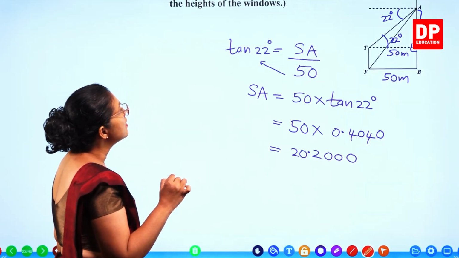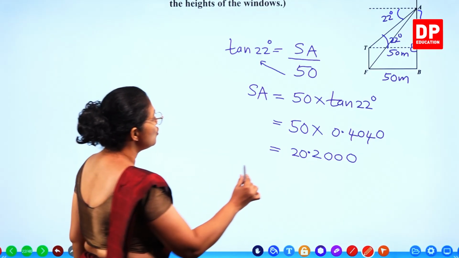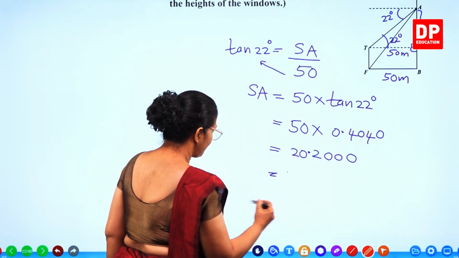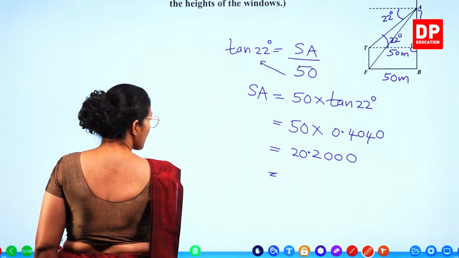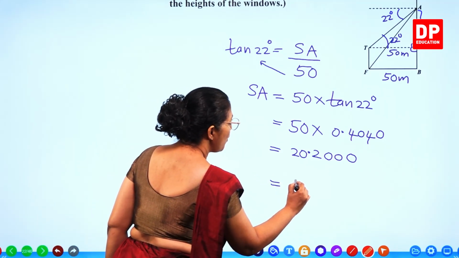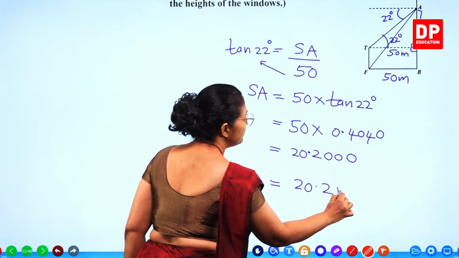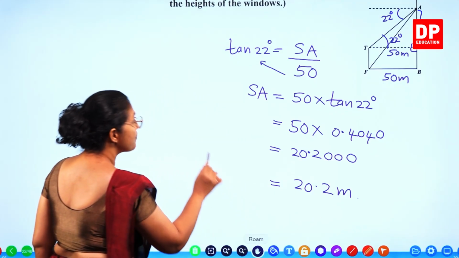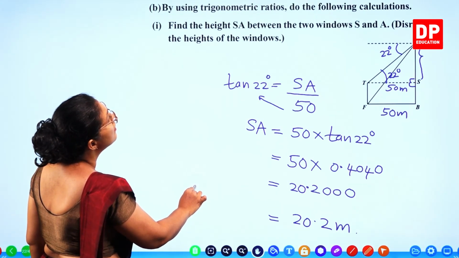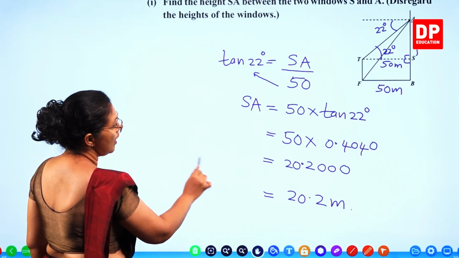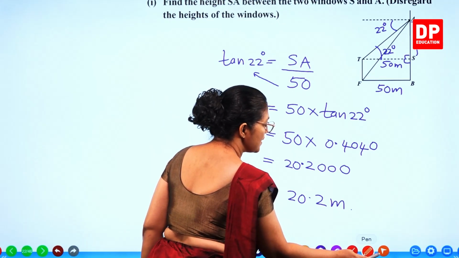So what's the answer? It's 20.2 meters. And here you can keep the decimal place.